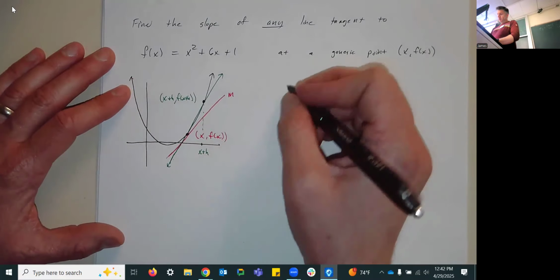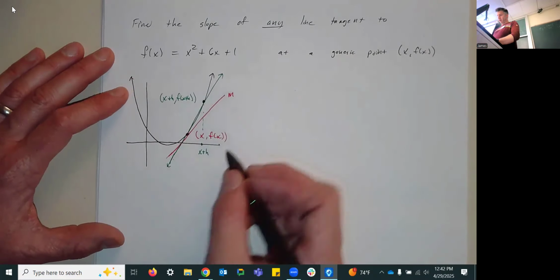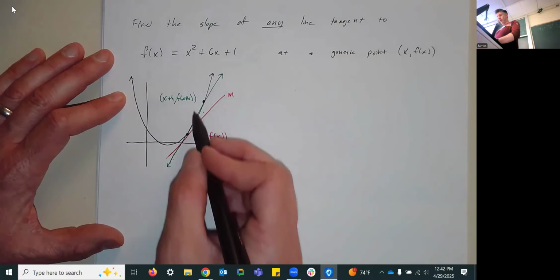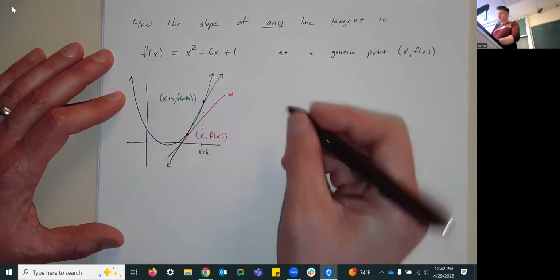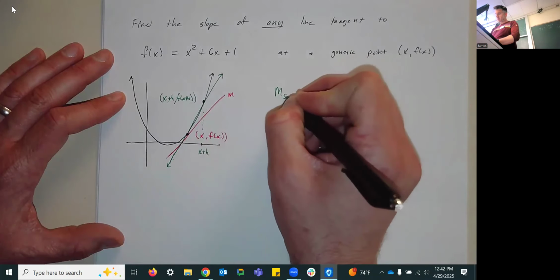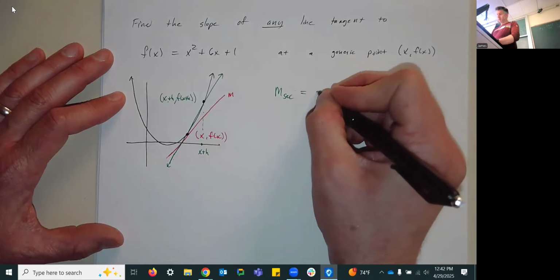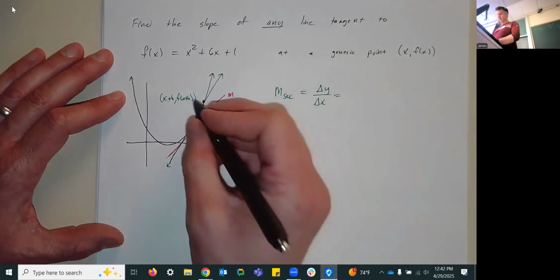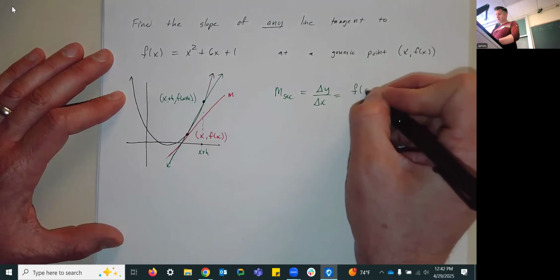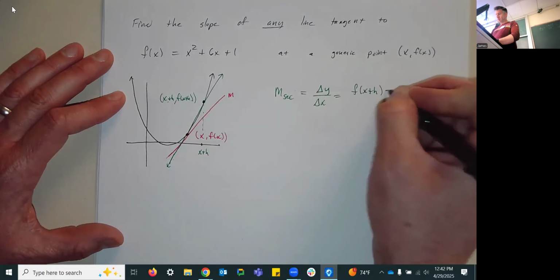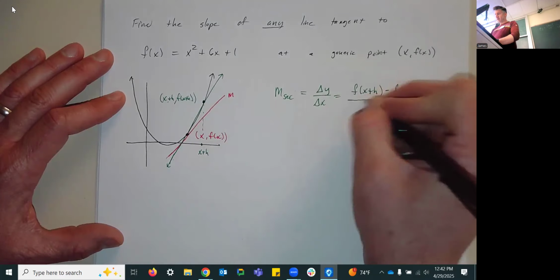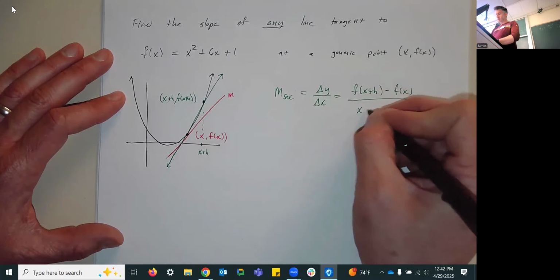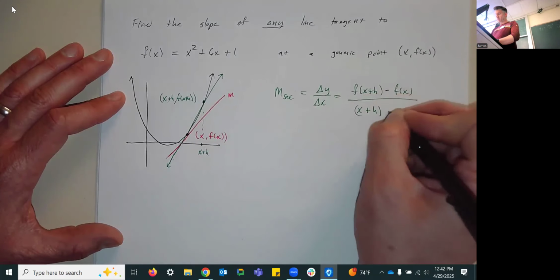So the slope of that green line that goes from x comma f of x to x plus h comma f of x plus h is going to be, well, again, your change in y over your change in x. The difference in the y's, f of x plus h minus f of x, divided by the difference in the x's, which is x plus h minus x.